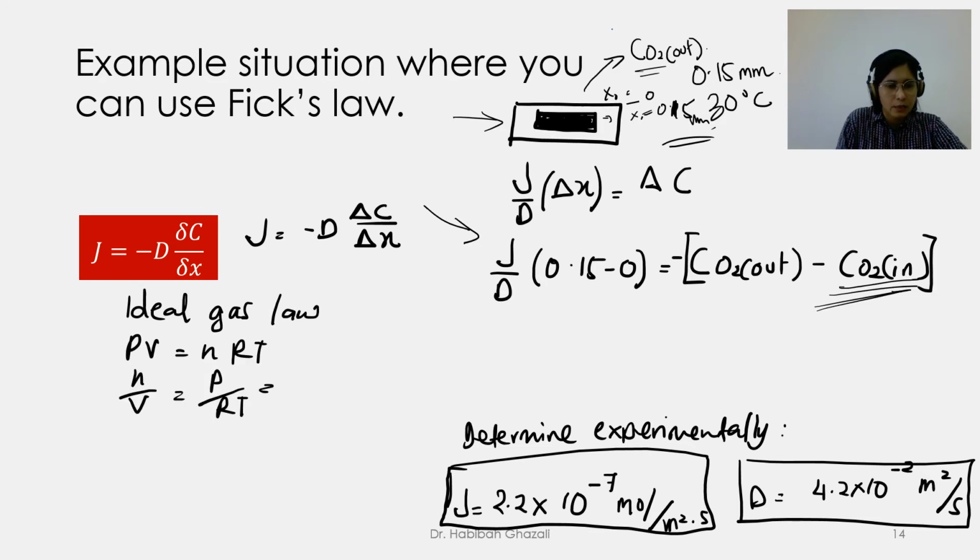The ideal gas law states that pressure times volume equals the number of moles times the ideal gas constant times the temperature.